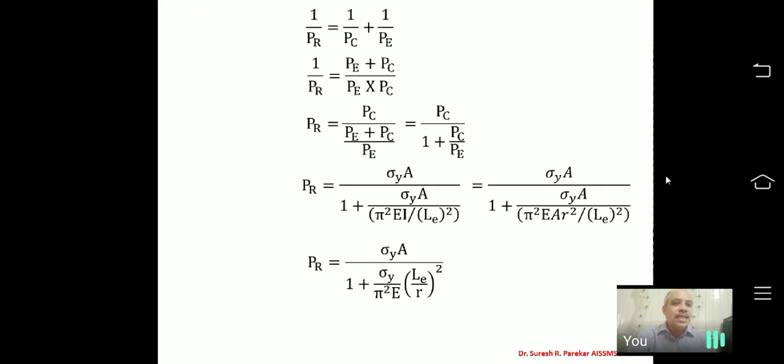So we are with this equation, and this equation is your Rankine's constant. We have a little bit more modification, that is simplification, I will say. Sigma y upon pi square E is known as Rankine's constant, because sigma y for a particular material is the same, pi square is the same, E is the same.